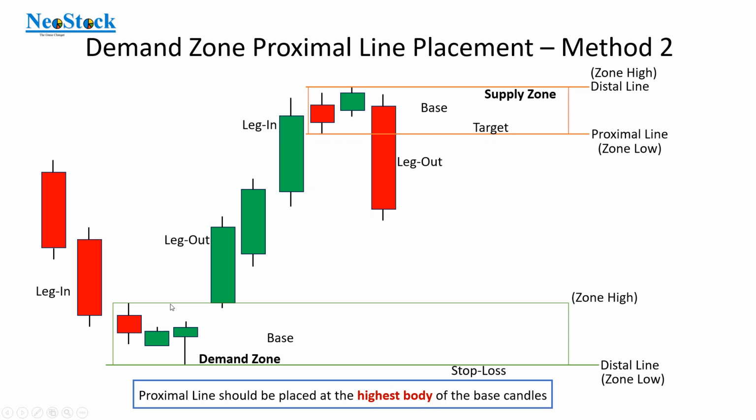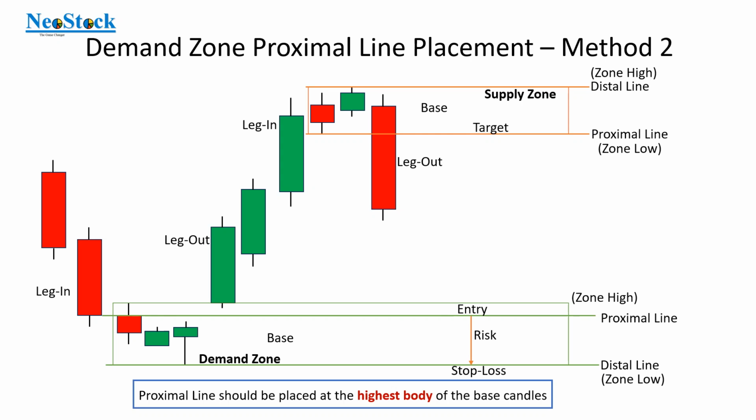So instead of placing the proximal line at the candle high, now we can change to the candle's highest body as per this method. So now we have changed the proximal line. This proximal line at the highest body is going to be our entry, and the stop loss remains the same. But what change can we observe here? The risk is now reduced compared to method 1.